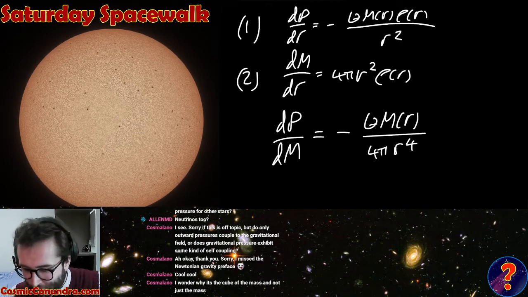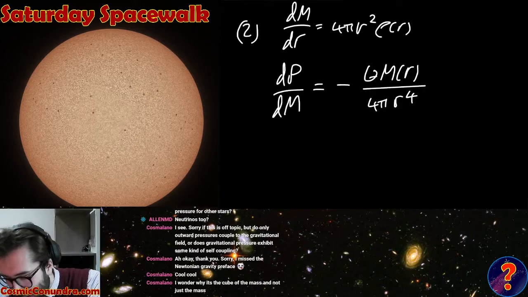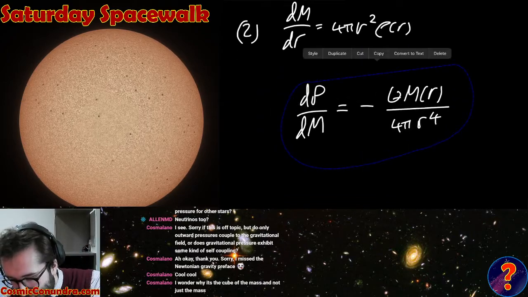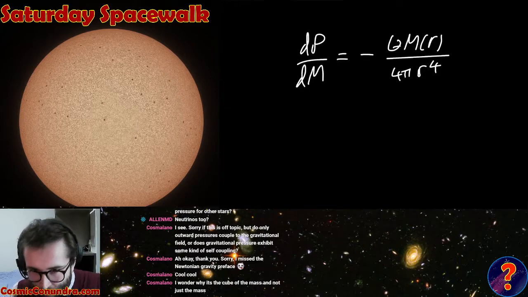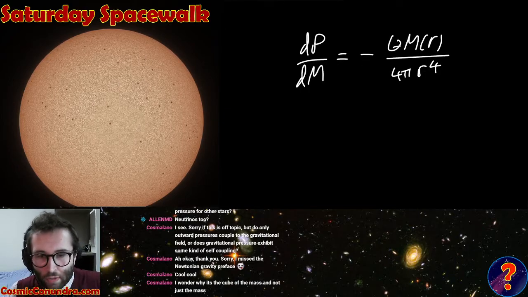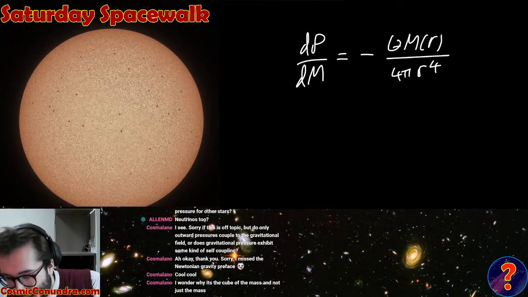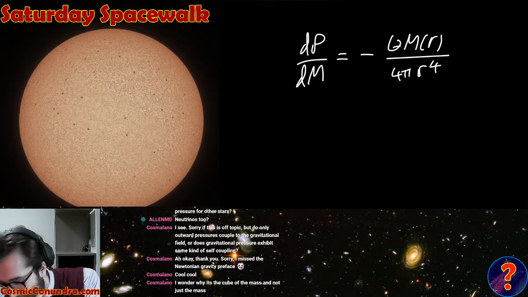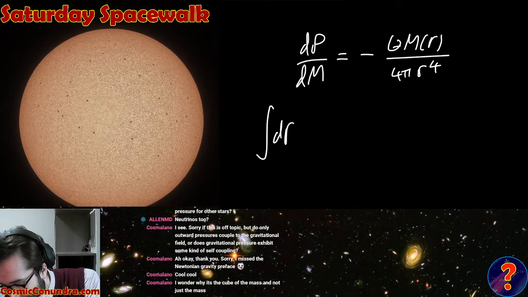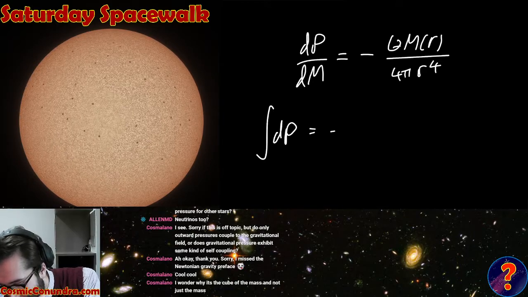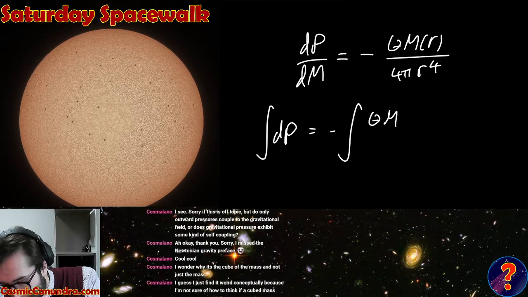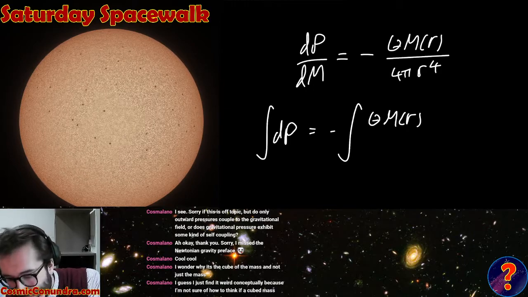Okay. Well, how can we use this? So, of course, the natural way you would think about using this equation would be to integrate both sides, which is a perfectly good thing to do.